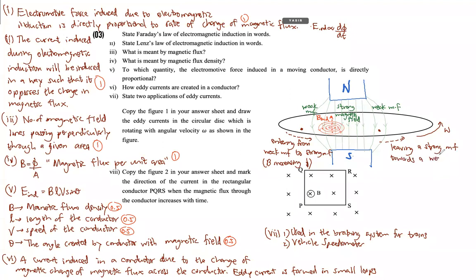Do you agree with me? Because when you are between the poles, the field is strong, and when you go out, it's weak. So in other words, when I move from here to here, magnetic flux density is decreasing downwards. If you have done Lenz's law, wait, I think I forgot to add that part here.